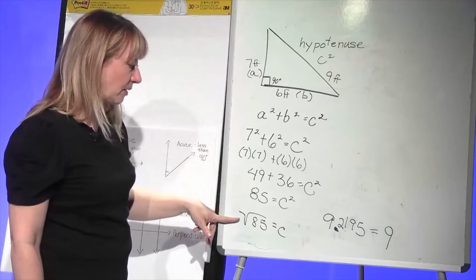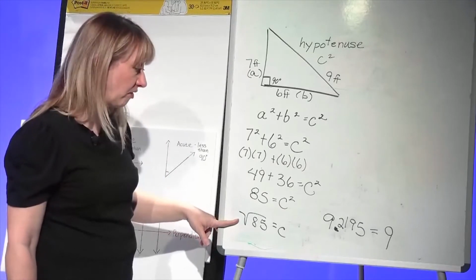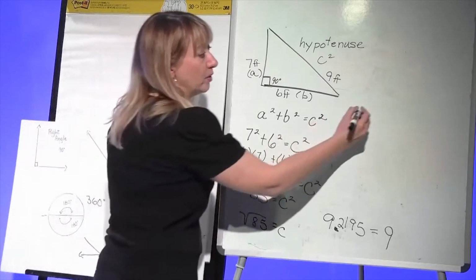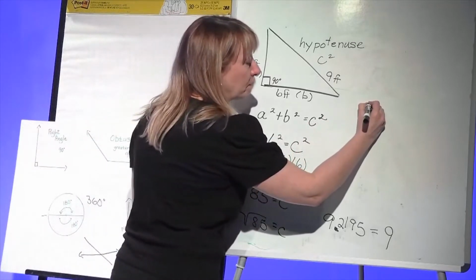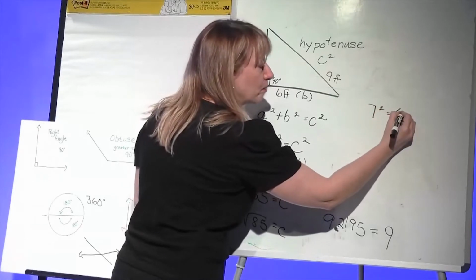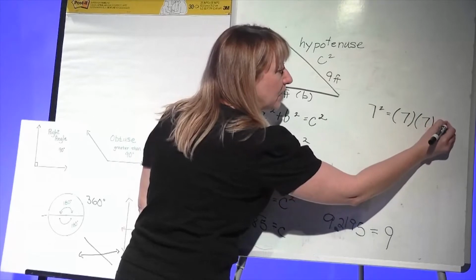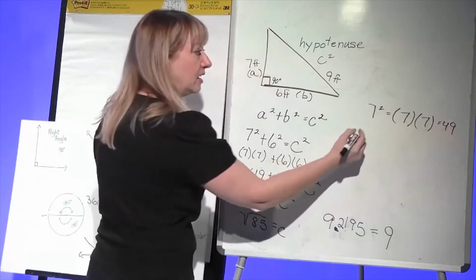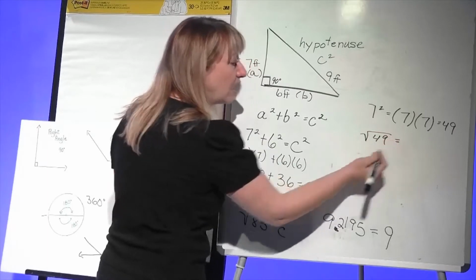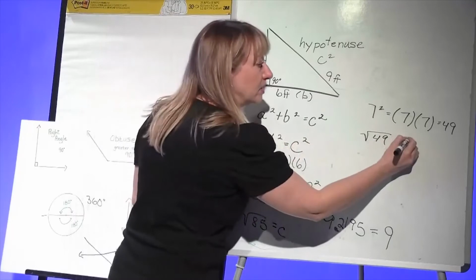Again, the square root of something just means what number times itself will give you this. So we talked about the square of 7, for example. The 7 squared would be 7 times 7, which is 49. What if I did the opposite and I said, what is the square root of 49? Again, if you try that on your calculator, the square root of 49 is simply 7.